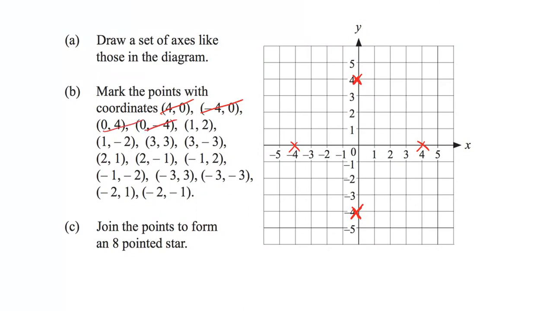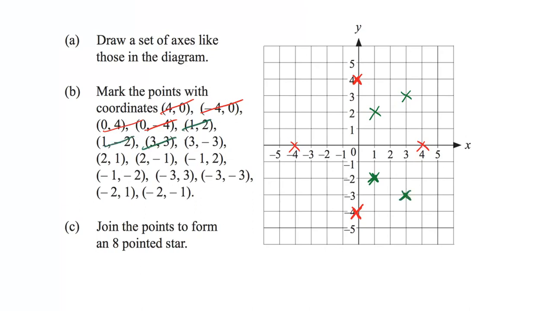Now then, let's look at the next four. So (1, 2) is 1 across, 2 up. (1, -2) is going to be 1 across and 2 down. (3, 3) is here, 3 across, 3 up. (3, -3) is 3 across, 3 down.